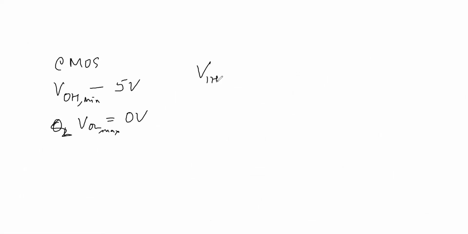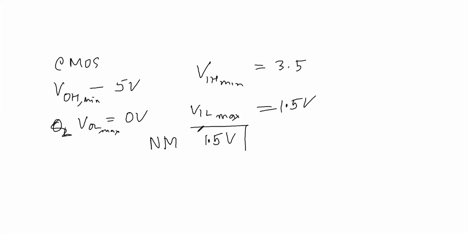And for VIH and VIL, min and max, for CMOS this is 3.5 and this one is 1.5. If I have designed a symmetric CMOS circuit, this is what I get. So you will see the noise margins, high and low, are both 1.5 volt.